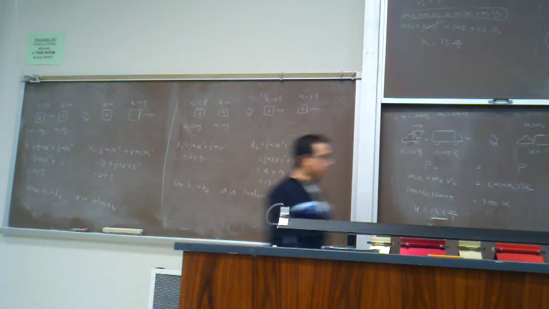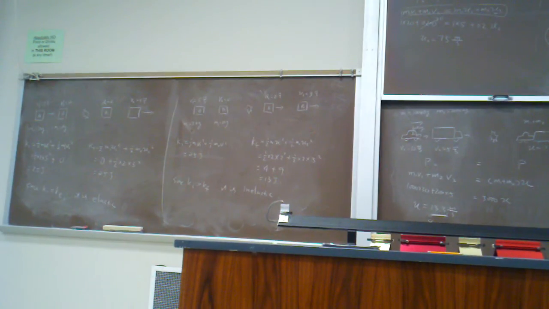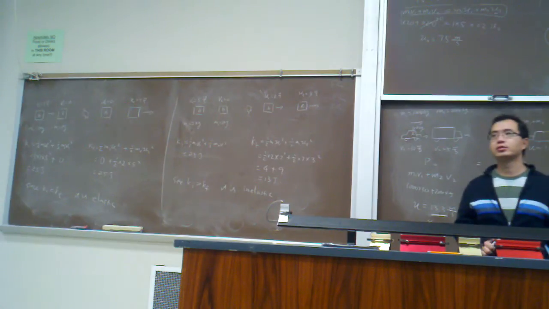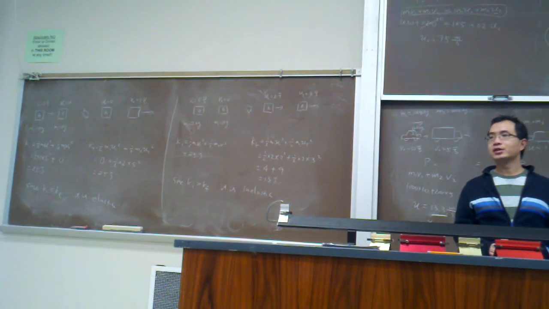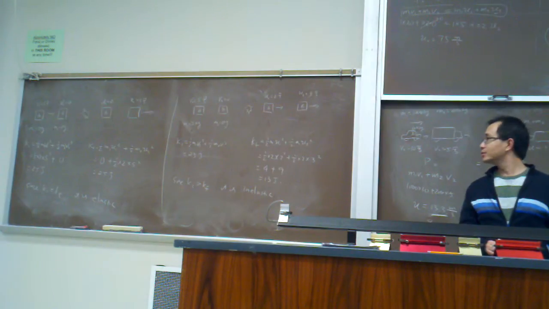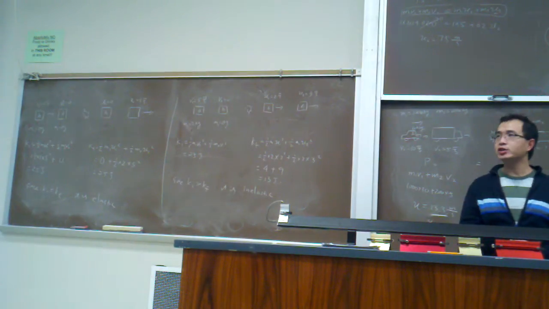Now, finally, if after the collision two blocks stick together, is it elastic or inelastic? Inelastic. Completely inelastic. But it says right there, if K initial equals K final, it's elastic. I don't understand. Two blocks stick together in motion, how do you know K initial equals K final?